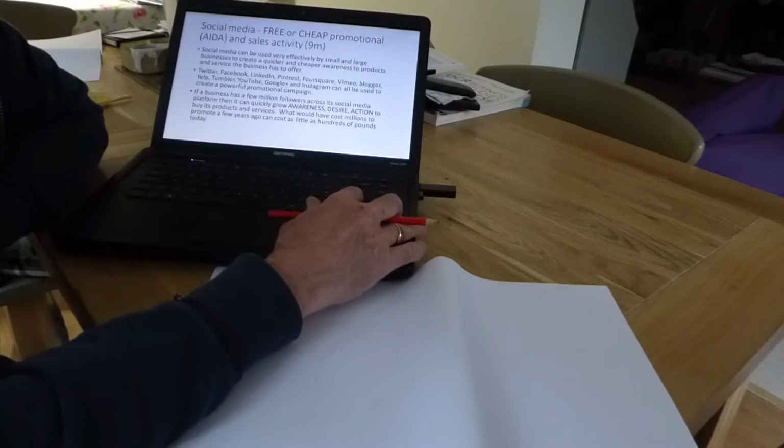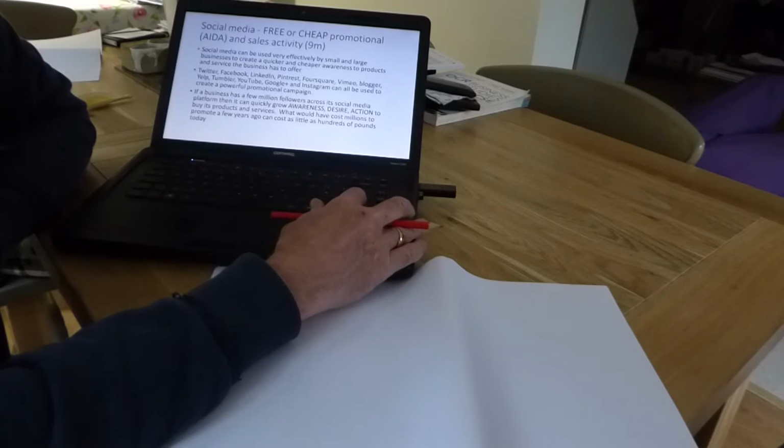And if a business has quite a few million followers across its social media platform, it can quickly grow awareness, word of mouth, and sell many products. What would have cost millions of pounds years ago to promote is now quite cost effective, and only hundreds of pounds today, if that.